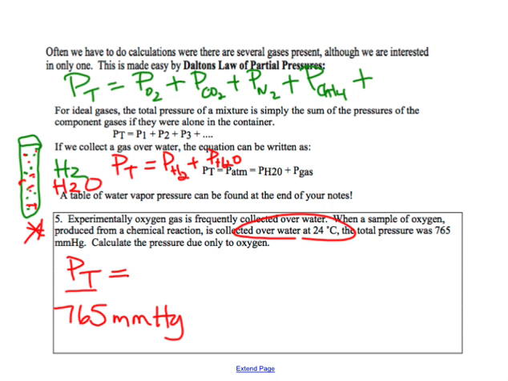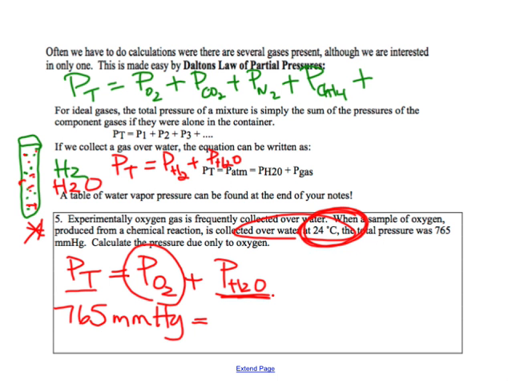Well, again, what was our total pressure equal to? It's the partial pressure of the O2 plus what? Partial pressure of the water. So we need to find this. Somehow we need to get that pressure of the water vapor. At the back of your in-class problems, you can flip to the back page. You've got a list of water vapor pressures at different temperatures. Everyone find the water vapor pressure at 24.